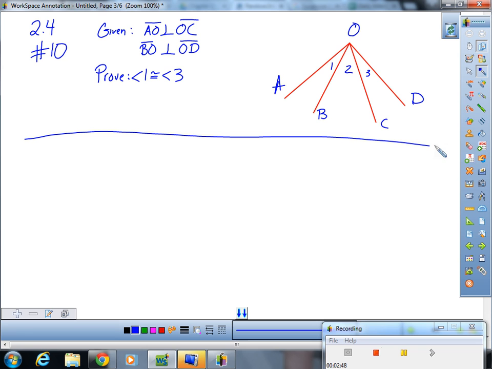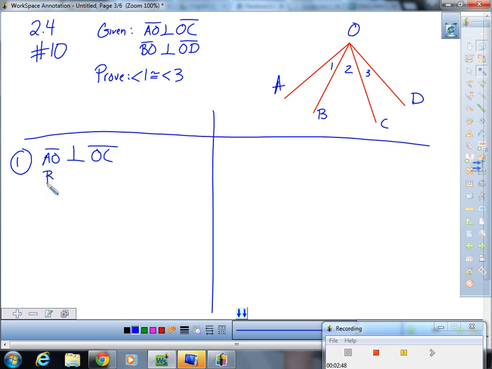We've got everything listed for you. So I know that AO is perpendicular to OC, and that BO is perpendicular to OD, and that's given. Well, I've got to be careful because the definition of complementary says if 2 angles form a right angle.